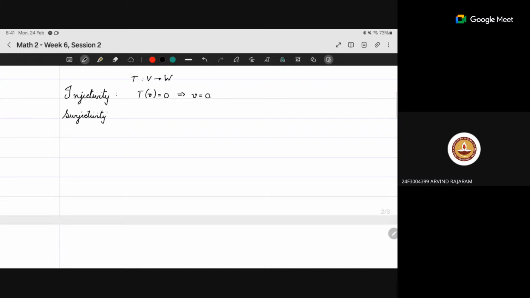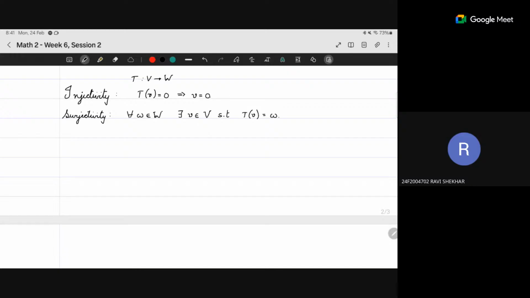And surjectivity demands that for all W in W, there exists a V in V such that, can you complete this sentence? T of V is equal to W. Yeah. So this first condition for injectivity is only for linear transformations.